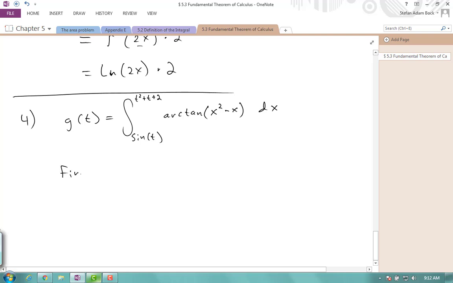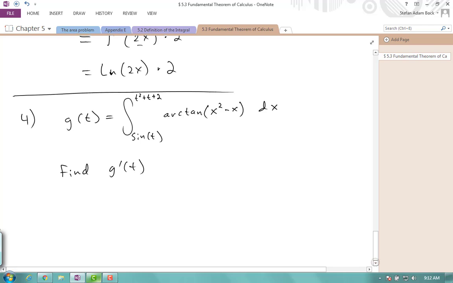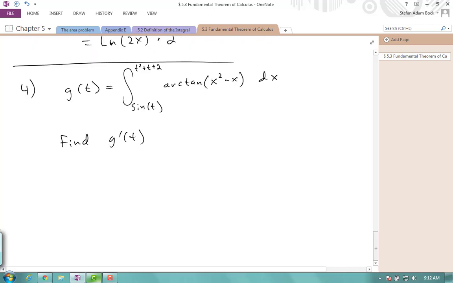So if I wanted to find g prime of t, the fundamental theorem of calculus says I should just plug in the bounds in place of the x's and rewrite my function, but I also have to multiply by the chain rule. So g prime of t should be equal to the derivative.